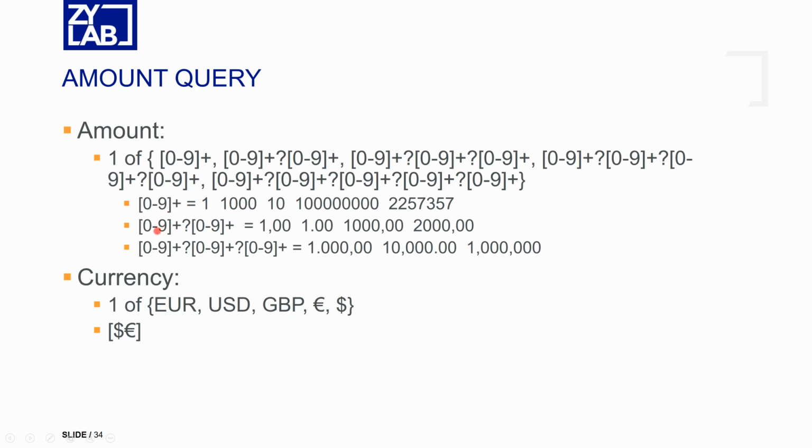Now I also want to find the numbers using decimals or thousand separators. So that's why I have a question mark in between, and then I find these types of patterns. And then I continue this, I just copy paste, add another one, and we'll find these. I can continue this until I have about 5 of these patterns behind each other to find even the millions.